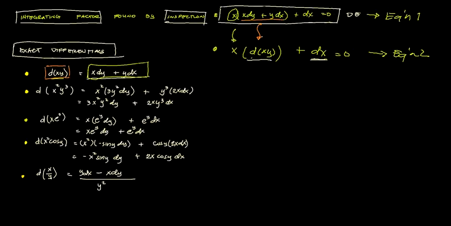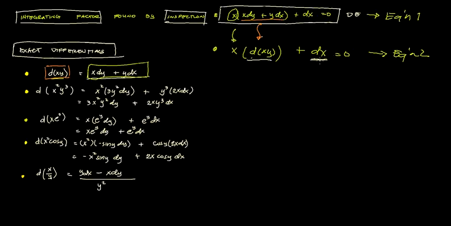Since we've already identified our exact differentials here, it's like adopting the technique in separable equations, wherein we separate the terms of the independent and the dependent variable. But here in our example we have the derivative of xy and the derivative of x.